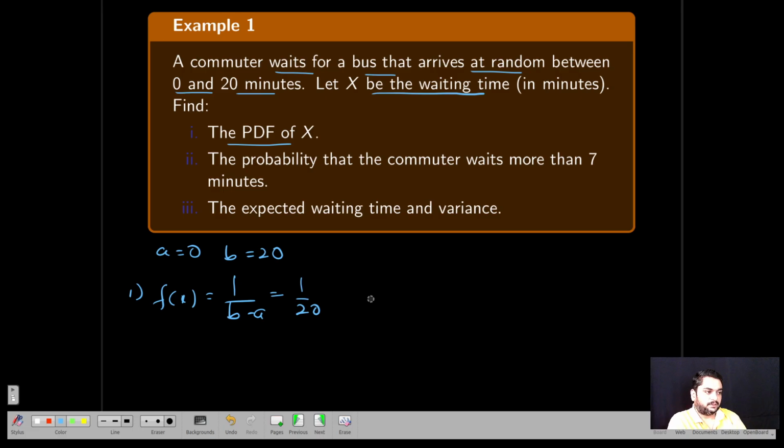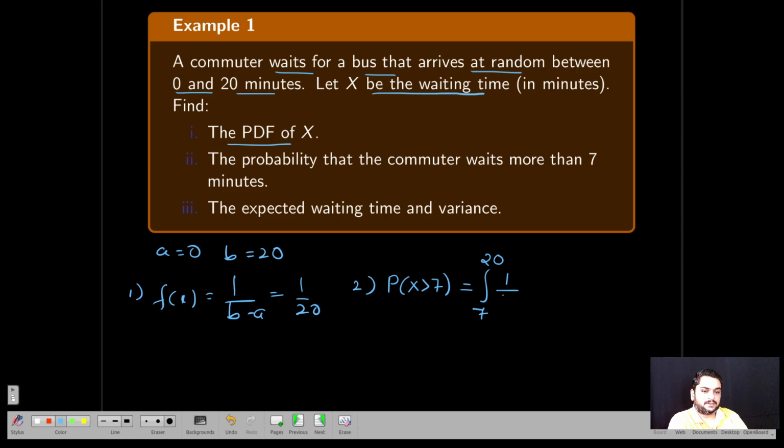Now, what is the second thing? The probability that the commuter waits for more than 7 minutes, P of x greater than 7. So it is nothing but the integral. Here you need not do 1 minus P of x less than or equal to 7, because it is continuous, you can directly integrate. We know the boundary here, 0 to 7 to 20. 20 is the upper limit, so greater than 7.